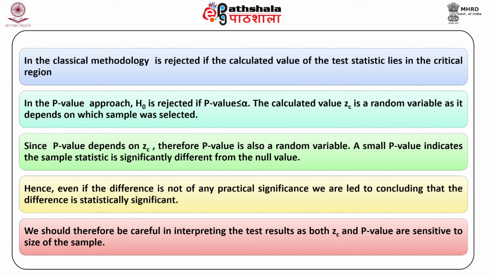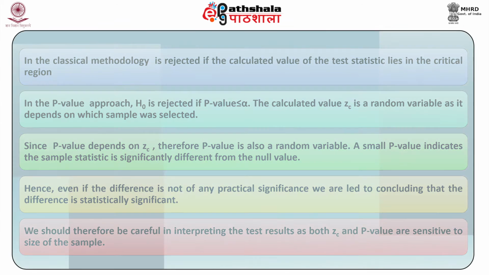We should therefore be careful in interpreting the test results, as both Zc and p-value are sensitive to the size of the sample. For a large sample, any small departure is detected by the test, even if the difference between the null value theta and the sample statistic theta hat is not of any practical significance.